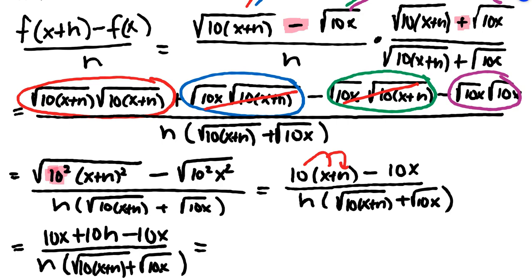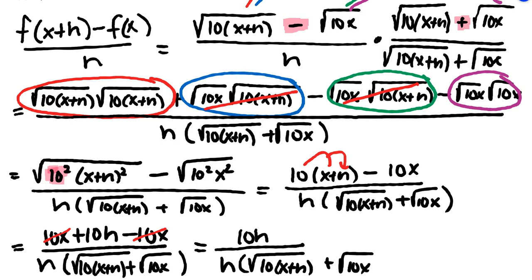And in the numerator, we have a plus 10x and a minus 10x, which cancel each other out. So I have 10h in the numerator and h times square root of 10 times x plus h plus square root of 10x.